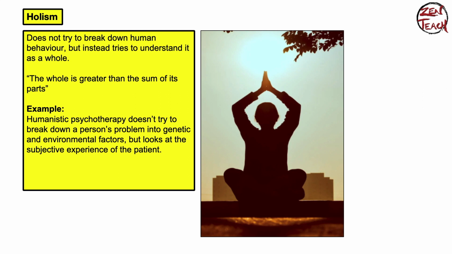If you just forget about those issues for now, and you just look at the subjective experience of that person by talking to them, letting them express their problems, that is a more humanistic or more holistic approach to understanding something, rather than trying to break it down into its individual components.